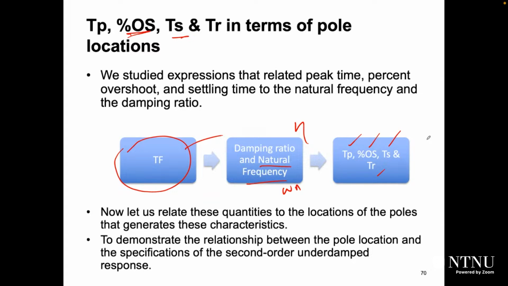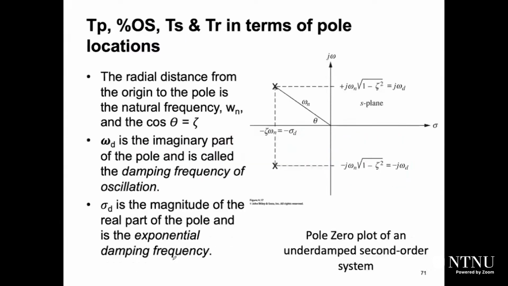To demonstrate the relationship between the pole location and the specifications of the second order underdamped response, we will start with this one. We have a second order system that is underdamped. These are the complex conjugate poles of an underdamped system.